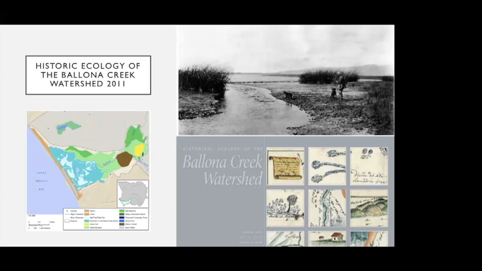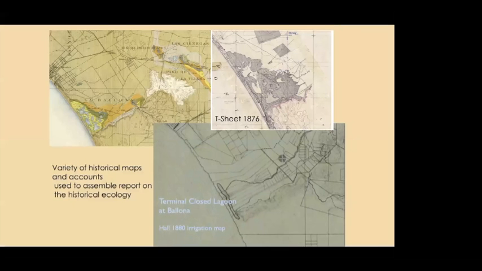So the more recent science indicates what Ballona should be if you're going to restore Ballona, if you're going to enhance and rehabilitate and reestablish. It never was a full tidal wetland. And I hear people talk about historical ecology like, oh yeah, well, that's just one T-sheet, or you can't base anything off that.